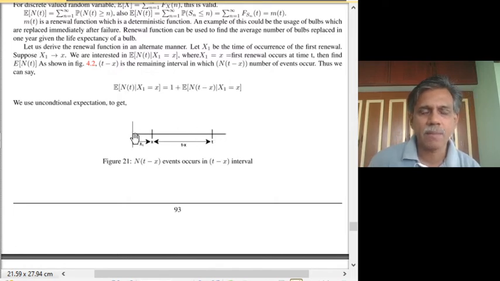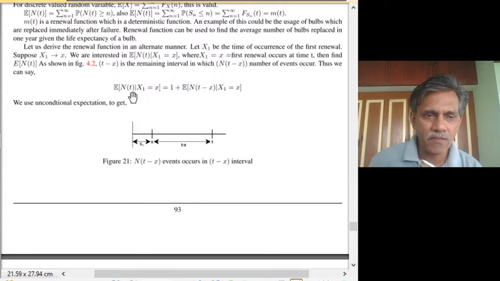So the expected number of renewals in 0 to t is 1 plus the expected number of renewals in the interval t minus x, if x is the time it takes for the first renewal to take place. So that is the basic idea we are going to use.